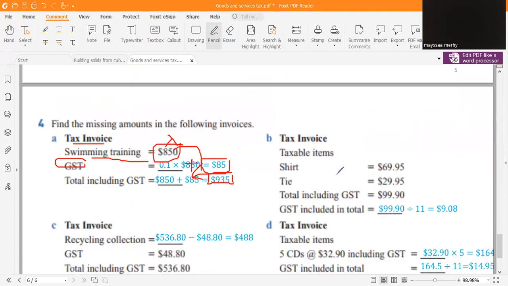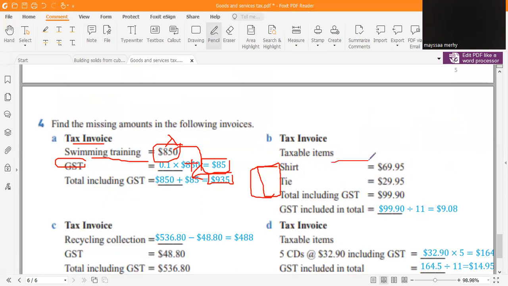And the second one, B, we have two goods or two purchases, a shirt and a tie. Two items that we want to buy.